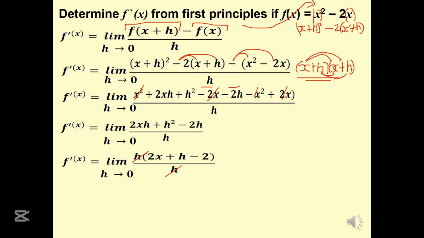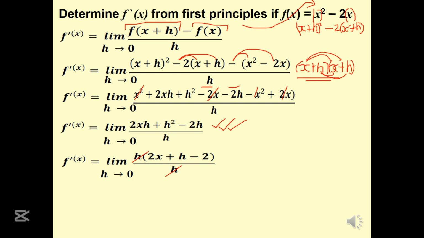If it happens by any chance that at this part of your expression, after adding like terms, h is not a common factor, then it's a sign that your answer is not correct. We must have h as a common factor so that this factorization becomes possible.